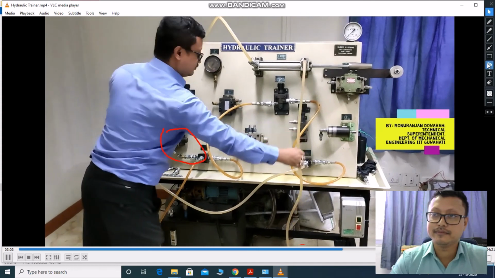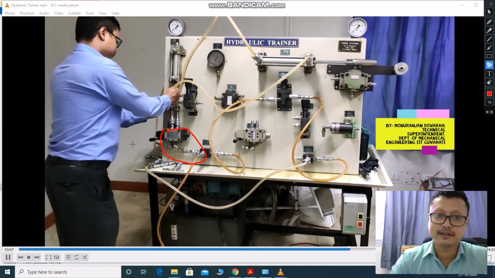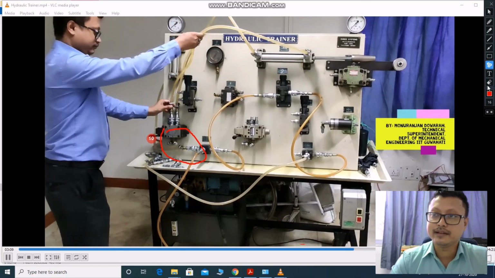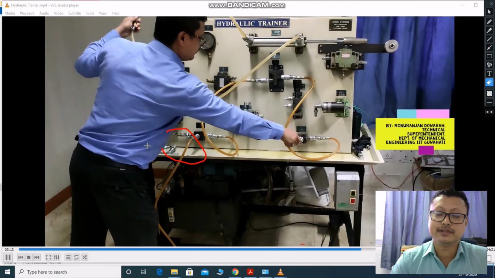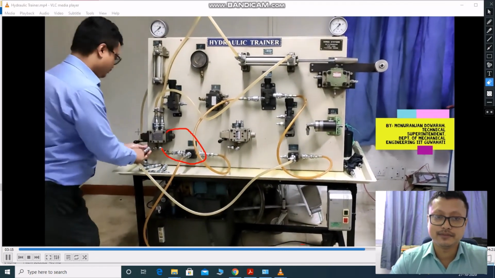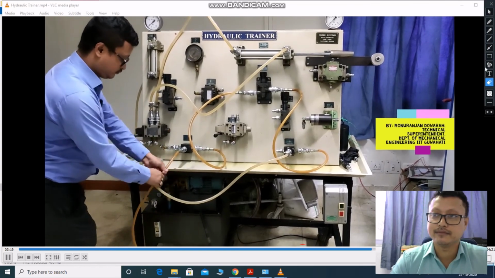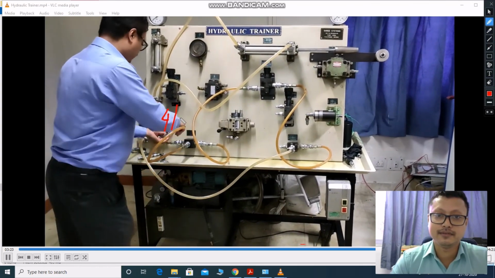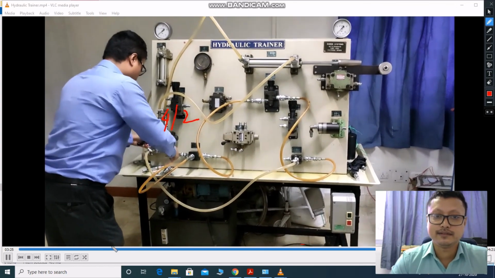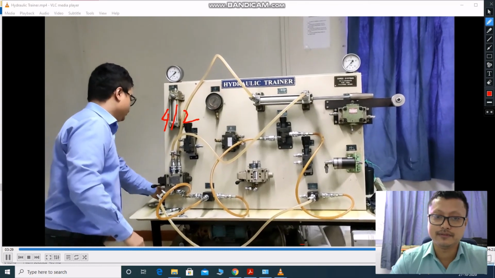There are 4 pipes you need to connect, but here by this actuating lever you can only actuate 2 positions. There is no neutral position. That's why it is called a 4 by 2 directional control valve. 4 ports, 4 pipes you need to connect, and 2 positions you are going to achieve.